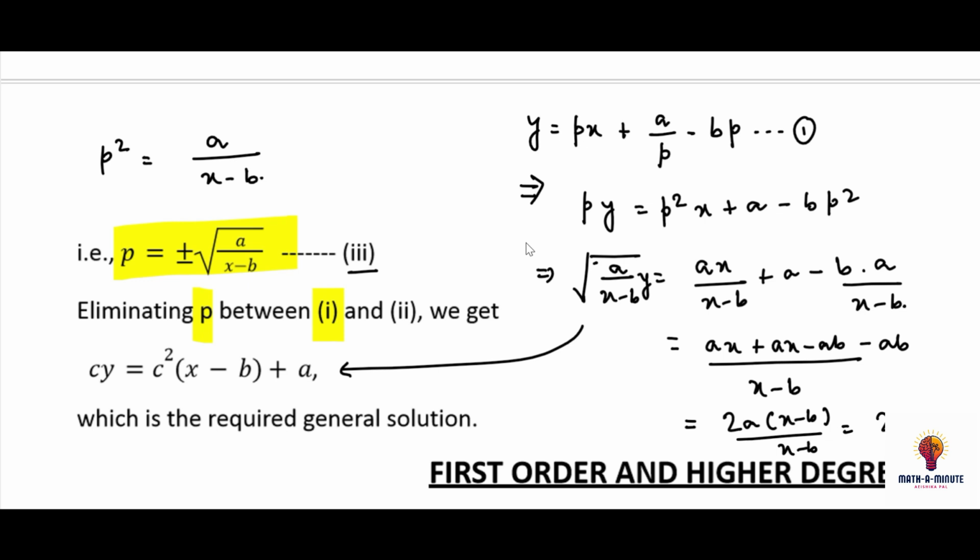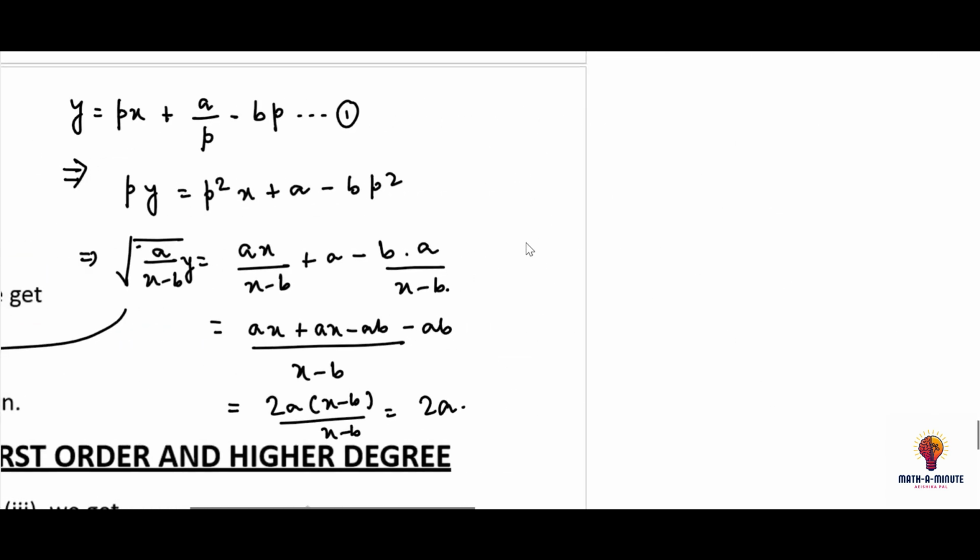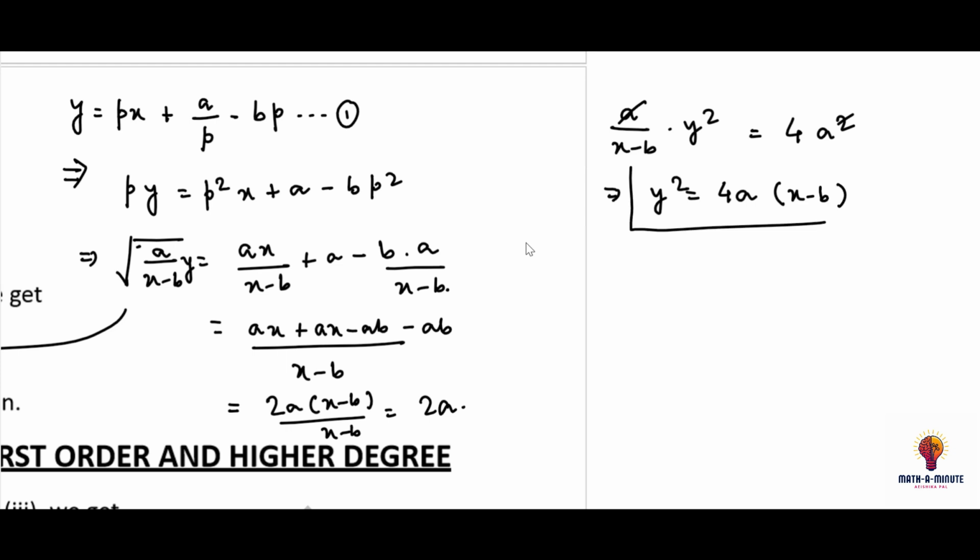Now let me take the square on both sides. So it will be a by (x minus b) y² equals 4a², and one a is cancelled out. So this is basically y² equals 4a(x minus b). This is our singular solution of the given differential equation.